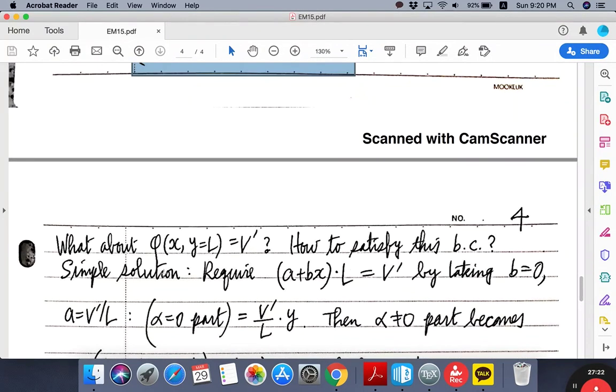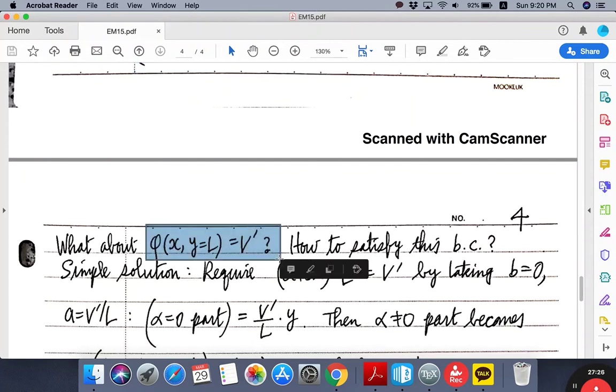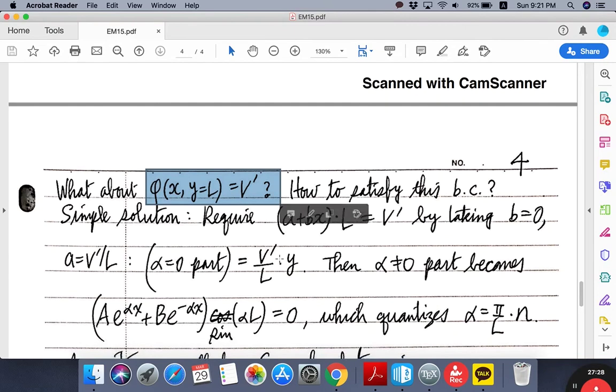Okay, so let's move on to the top plate where the boundary condition was that it should stay at the fixed potential V prime. Now, how about this boundary condition? How do we satisfy this?